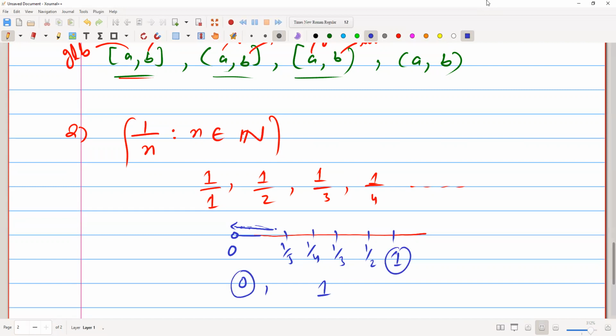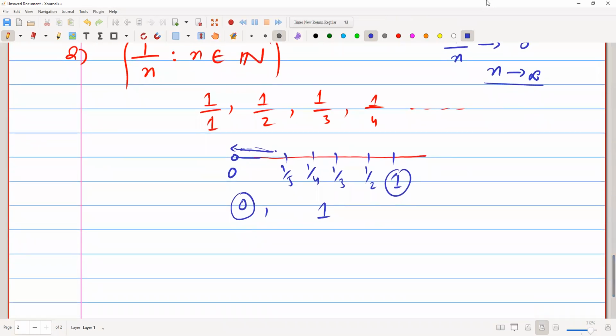It's outside the set, because 1 over n reaches 0 when n reaches infinity. We are not talking about infinity here, so this 0 is not included in the set, therefore it is outside the set, but it still is the greatest lower bound. It is the lower bound of the set. So we can say that this set 1 over n is between 0 and 1.